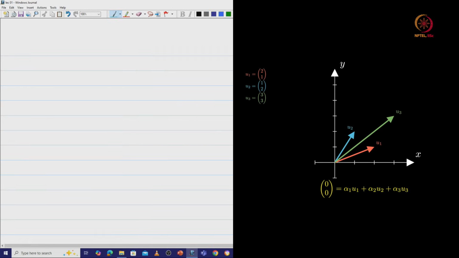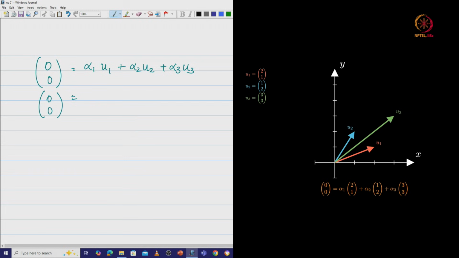So, I am going to look at writing the 0 vector as a linear combination of u1, u2, u3, which is basically saying I must be able to write the 0 vector as alpha 1 into 2 1 plus alpha 2 into 1 2 plus alpha 3 into 3 3.